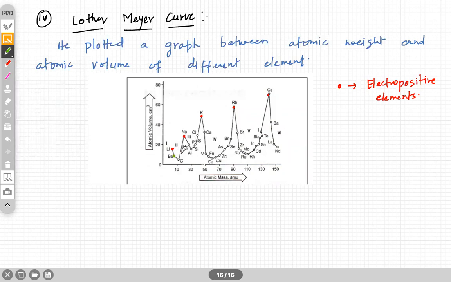See this beryllium, magnesium, then calcium, strontium, barium. Okay, this red one is the elements of group 2, right? The first one is group 1, lesser electropositive is group 2.